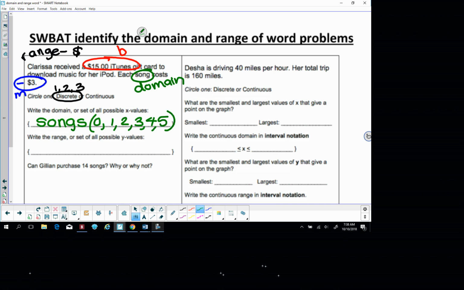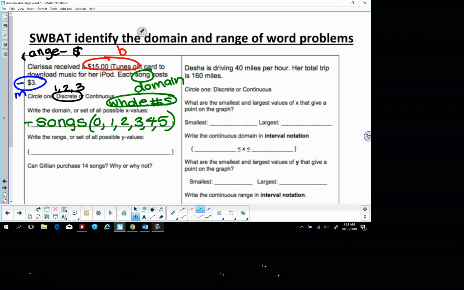She can't buy 1/4 of a song, right? iTunes doesn't let you pay a little less and get 75% of a song. They don't do that. So my songs would be these right here. When it starts at 0 and counts whole numbers, we know that whole numbers, if that was an answer choice, would be a correct answer for the domain.